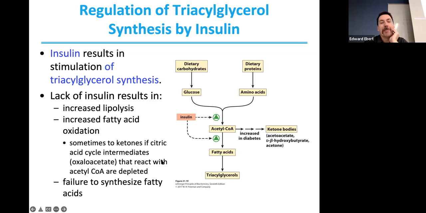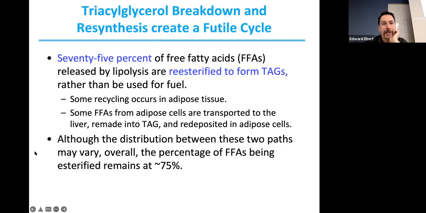That's where you can get the diabetic coma, all the good stuff in there. If we don't have insulin, we're not going to make fatty acids. We're just going to be oxidizing them. We'll talk about keto diets and whatever, all that good stuff.